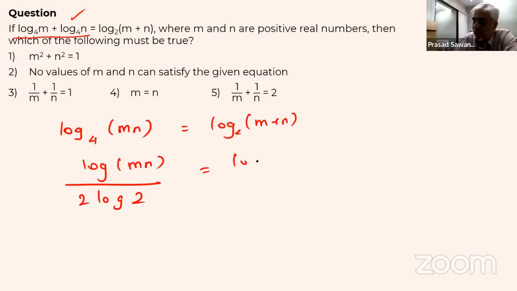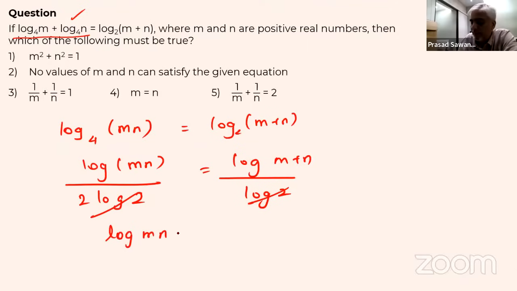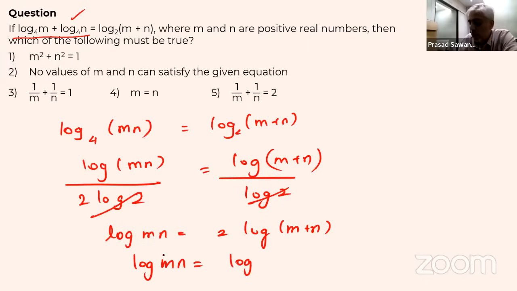And I can write this as log m plus n upon log 2. Log 2 cut. Log mn is equal to 2 log m plus n. 2 will go on top. Log mn is equal to log m plus n the whole square. Now I can get rid of the logs on both sides. So I have reached this step. mn is m plus n the whole square.